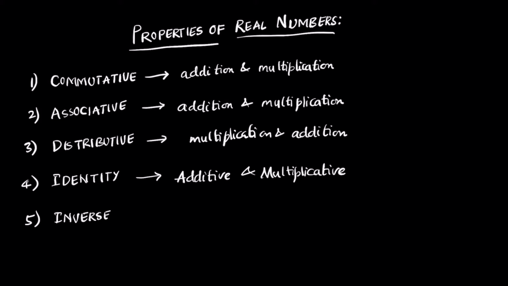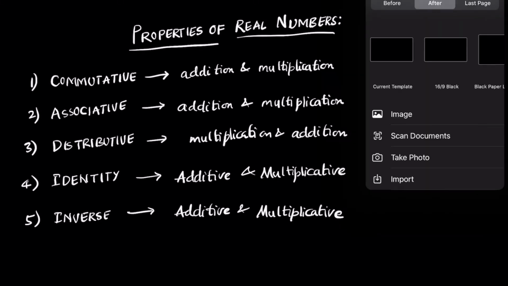In the same way, you have two common properties for inverse, additive and multiplicative. So let's discuss one by one. Let's start with the commutative property.